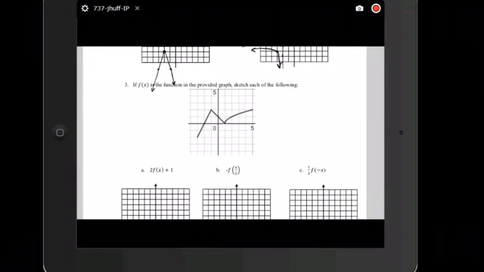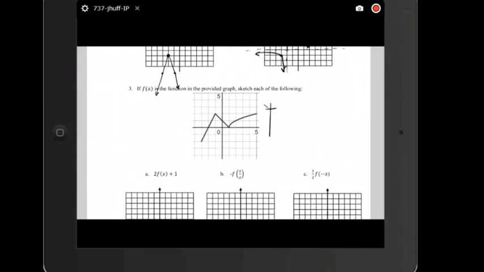Okay, question 3 is also testing on transformations of functions. What I'd recommend for something like this, given this original graph, is make a table of values for f of x. So we have x and f of x. Identify some key points on the graph.